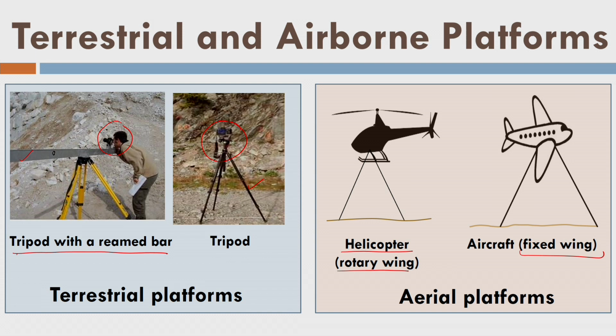So helicopter and aircraft are aerial platforms, while tripod and, let us say, tripod with a ramming bar are terrestrial platforms, right. What if you carry a camera yourself and do the photography without a tripod? Well, it will be called terrestrial photography or terrestrial photogrammetry, right, because you yourself are acquiring the photo on the surface of the ground, and your height is more or less very limited.